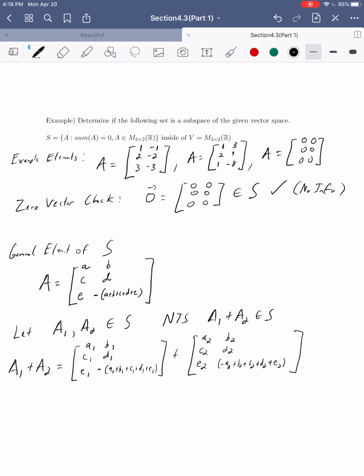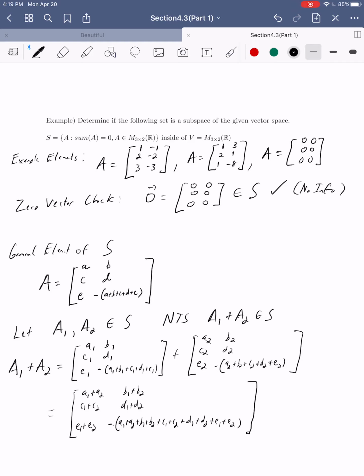Okay, and what would happen when we add those? Well, we would get something like a1 plus a2, b1 plus b2, c1 plus c2, d1 plus d2, e1 plus e2, and, my apologies, that negative is out of place. That guy should be negative, and then parentheses. We can add these guys inside of the negative, so we can see that as negative (a1 plus a2 plus b1 plus b2 plus c1 plus c2 plus d1 plus d2 plus e1 plus e2).